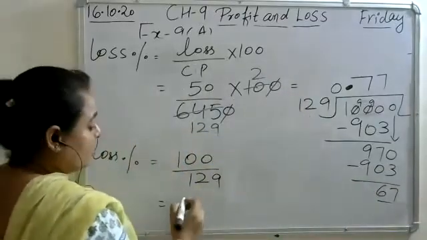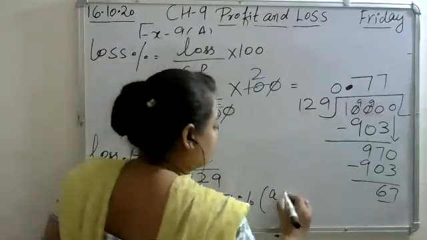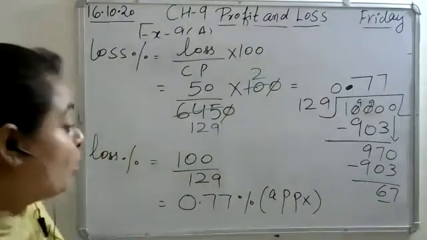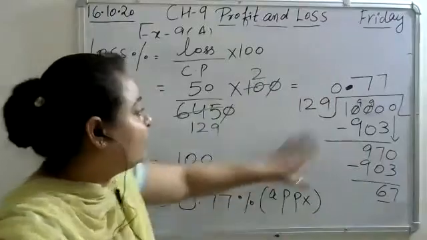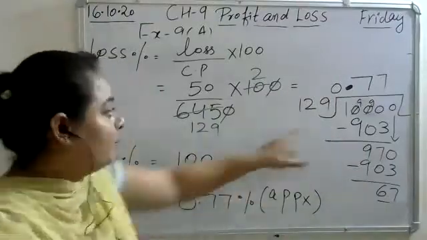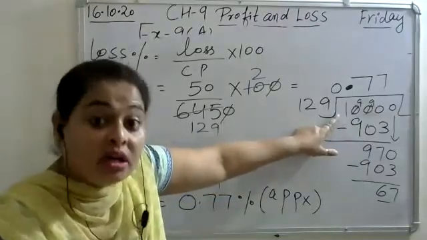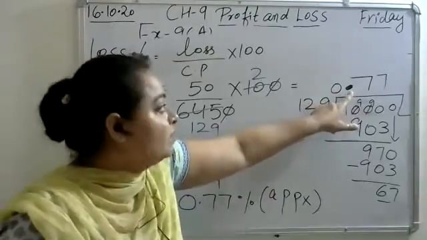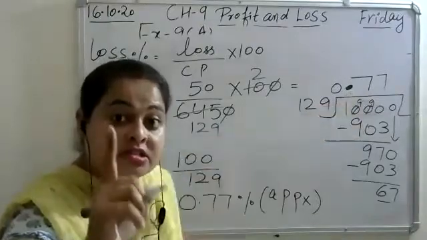So write here 0.77% approximate. Why approximate? Because the remainder is not 0. So this is the way to solve the sum. Always write the upper number inside, and if the inside number is smaller, then you will put here a decimal, and with this decimal you will get 10 in each step.